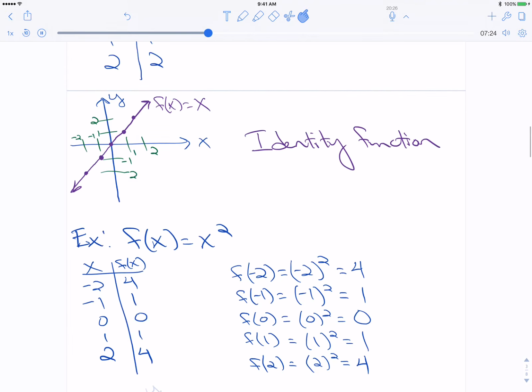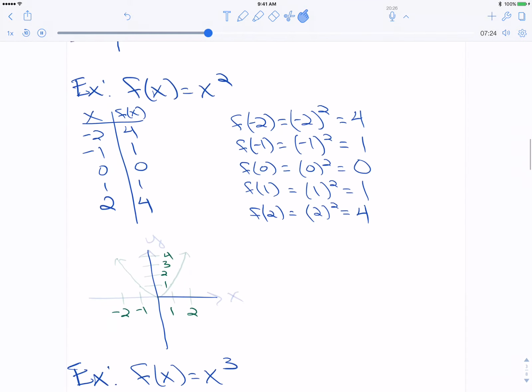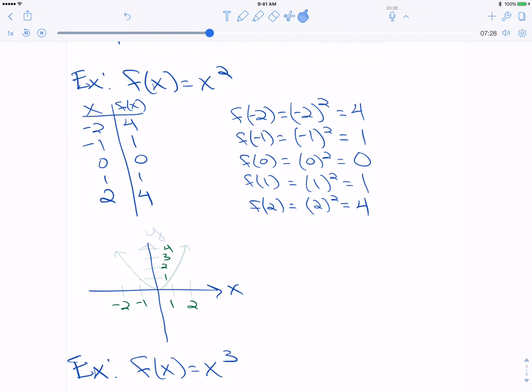And we can then again build our axes, x and y, construct our scale. So we have a -1, -2, +1, +2, and then along the y-axis we want to go from 0 to 4. So 1, 2, 3, 4. At -2, we go all the way up to 4.